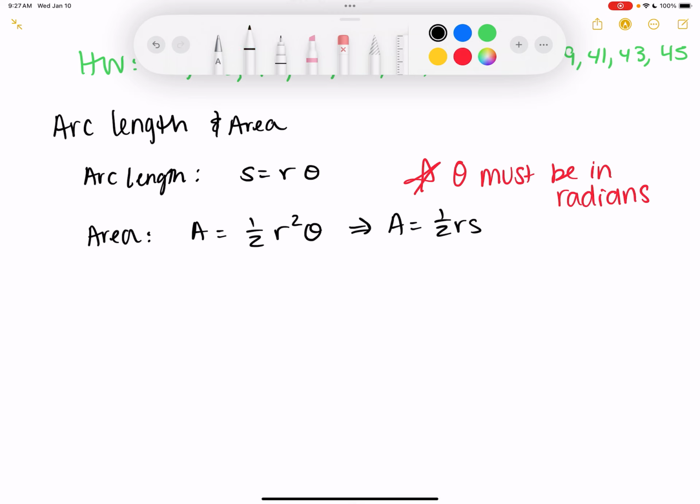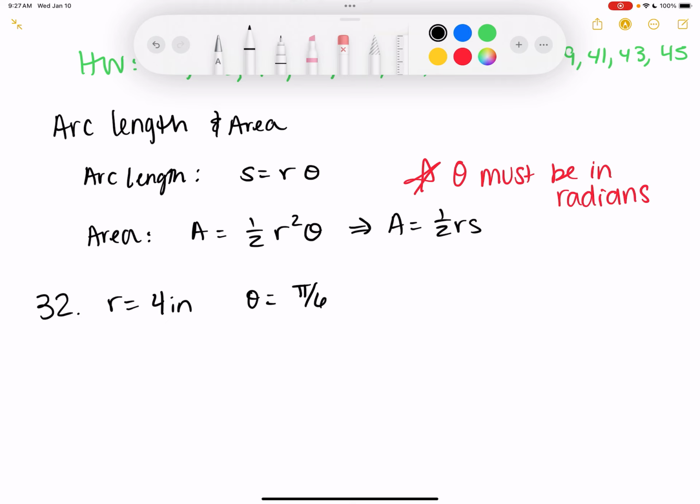So, 32, R is equal to 4 inches, and theta is equal to pi over 6. The other thing is these formulas have units, so these values have units, so we should be putting units on our answer when we're done.